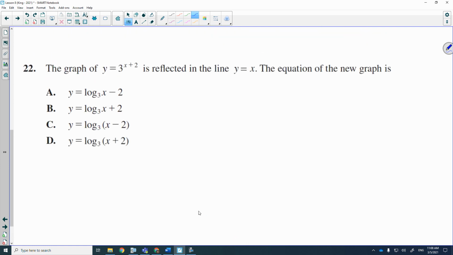Let's do this last diploma one, and then we'll finish off transformations. This graph is reflected in the line y is equal to x. What does that mean?